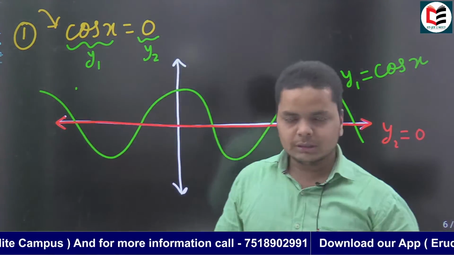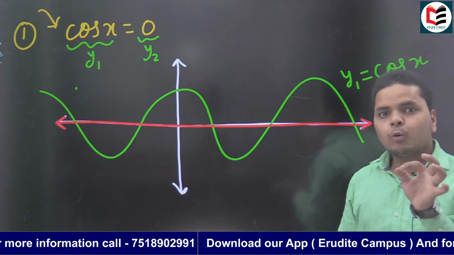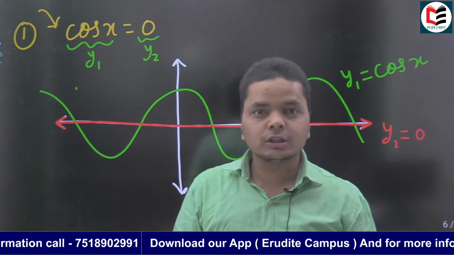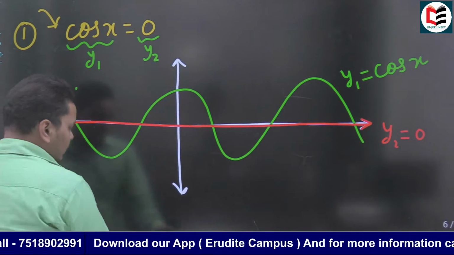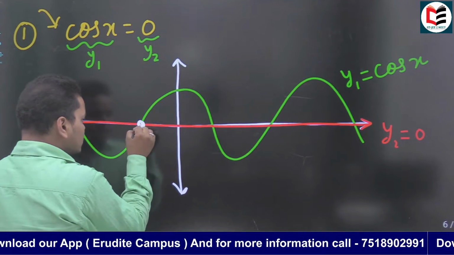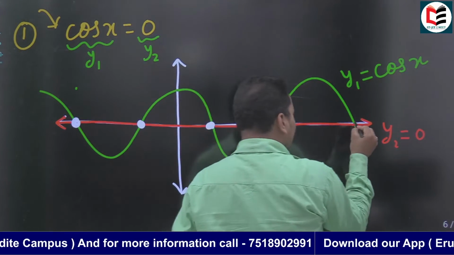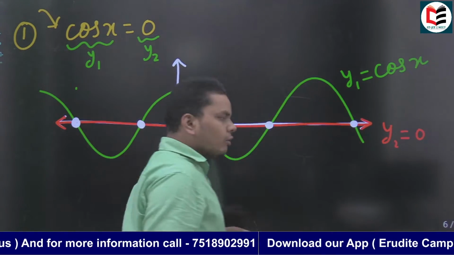Let me tell you one thing. The set of values where they are equal are the points of intersection of these two graphs. Here is a point of intersection, this is a point of intersection, and this is also a point of intersection.